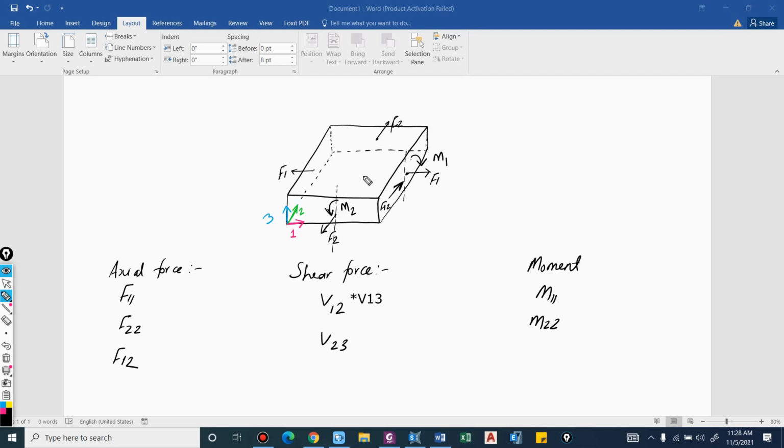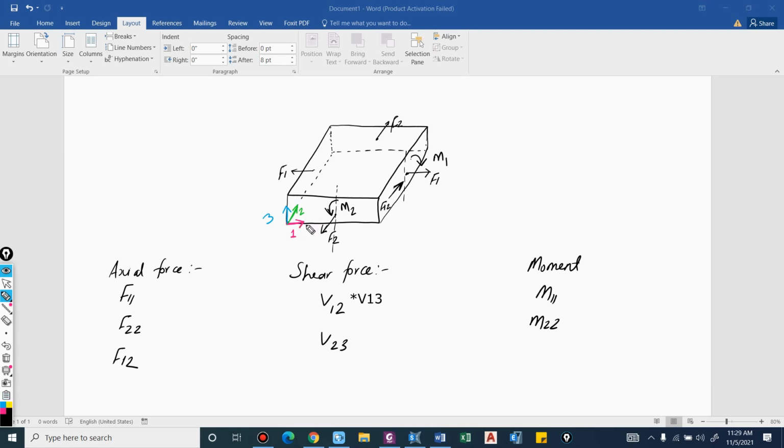Now what will be the rebar placement then? Arrangement of rebar. As I said, the rebar provided to resist M11 will be placed along axis 1, and rebar provided to resist M2 will be provided parallel to direction 2. So now let us place the rebar.